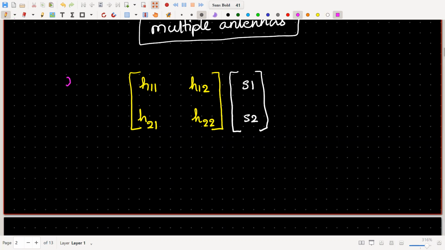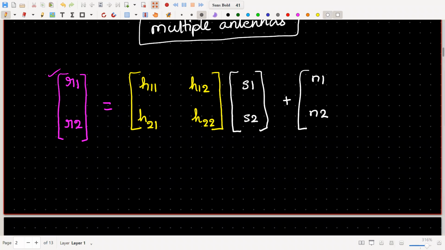So you're transforming one form of vector to another form using this channel matrix. You are pumping 2 symbols into the channel, and at the output of the channel you are seeing the 2 symbols R1, R2. And of course you have additive white Gaussian noise N1 and N2.